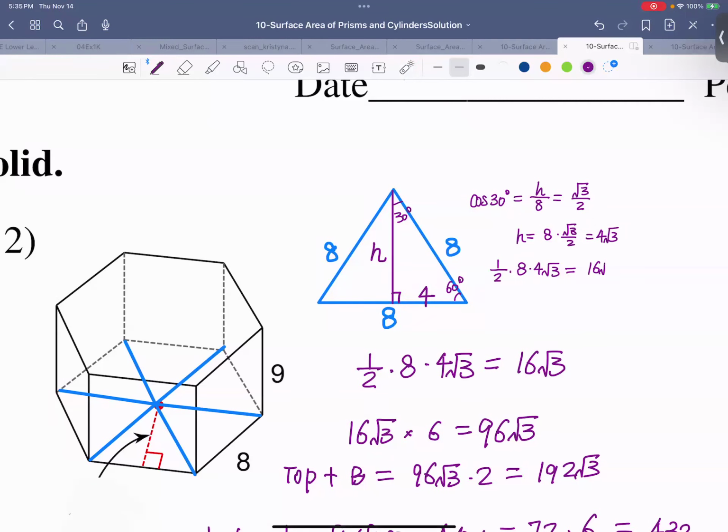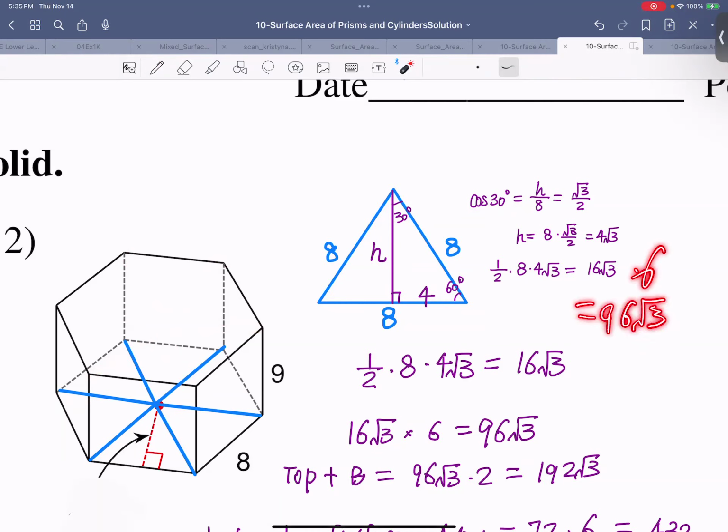So 16 times square root 3, correct? Yes. You have how many of them? If you draw this, it's going to be split into how many equilateral triangles? 6. So total will be this times 6, which gives you 96 times square root 3.